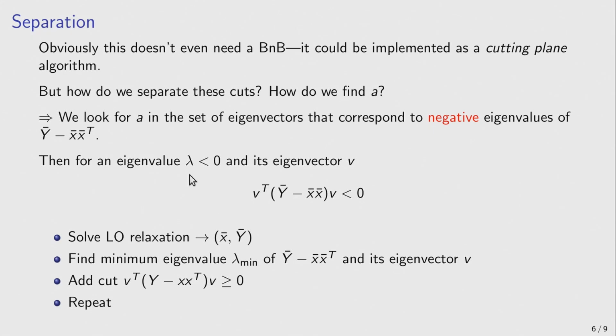And corresponding to that eigenvalue, we get an eigenvector V, which does exactly what I need from A. That is, it's definitely going to be such that this quadratic form is strictly negative because of the negativity of the eigenvalue. So here's your cut. The cut is simply derived from the eigenvector corresponding to the minimum eigenvalue and from the variables y and x transposed.